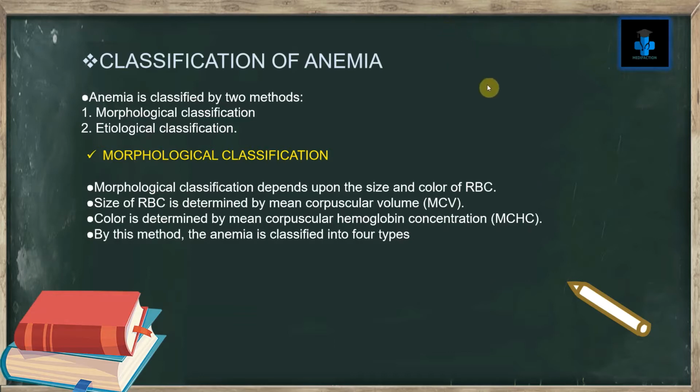Size of RBC is determined by mean corpuscular volume, otherwise MCV. Color is determined by mean corpuscular hemoglobin concentration, otherwise MCHC. By this method, the anemia is classified into 4 types.